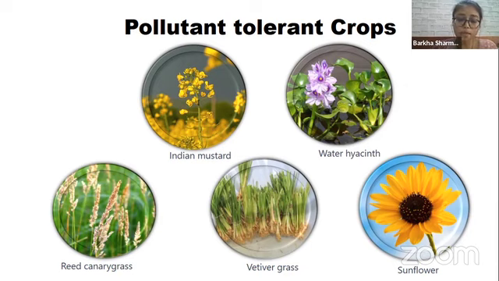So the crop must be selected in such a way that they can tolerate the given toxic wastewater and accumulate the toxicants in the plant part which is of least importance or not to be consumed. Here are some examples of heavy metal tolerant crops such as Indian mustard, water hyacinth, reed canary grass, vetiver grass and sunflower.